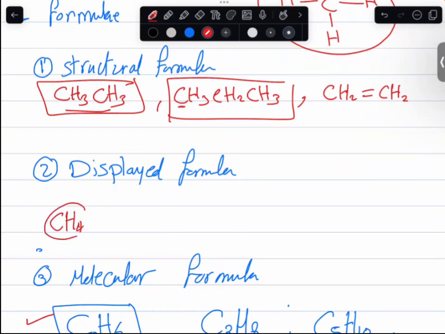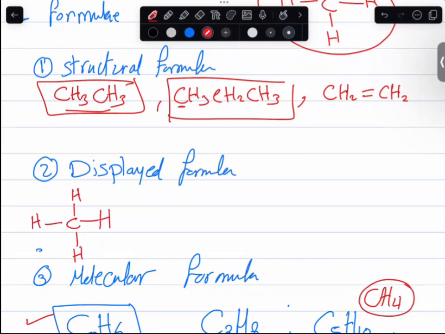This is not displayed, this is a molecular formula. To write the displayed formula of methane, we write C with four H's around it. The displayed formula shows all atoms and bonds.